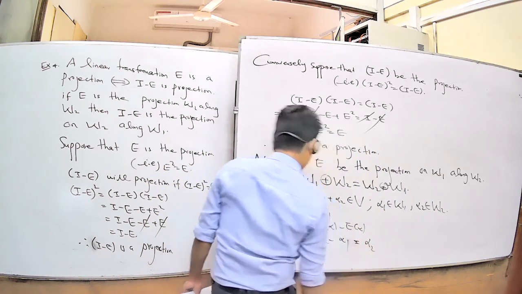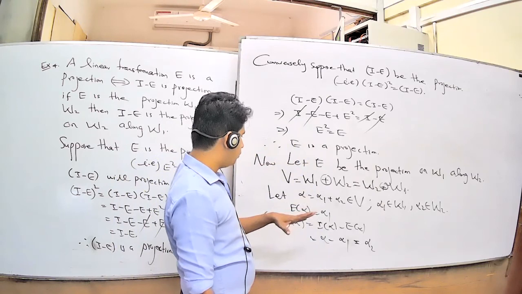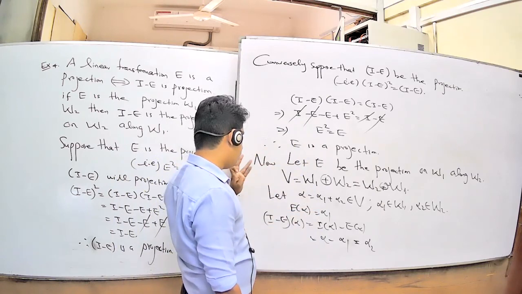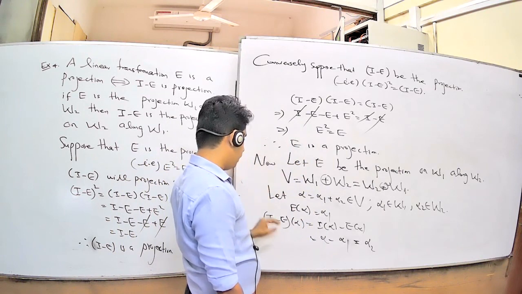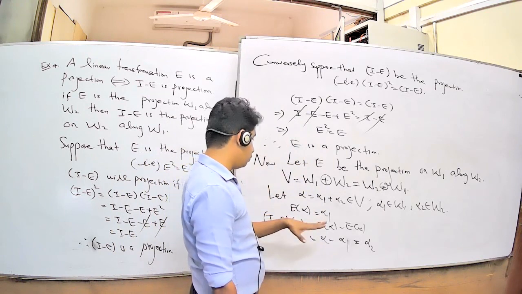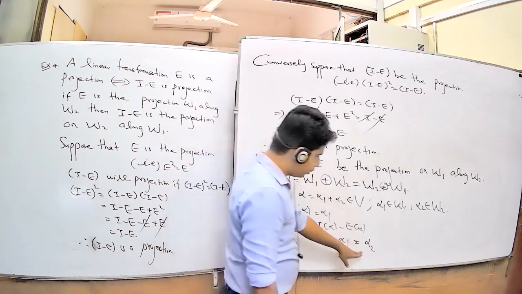So I minus E alpha equals alpha 2, which belongs to W2.